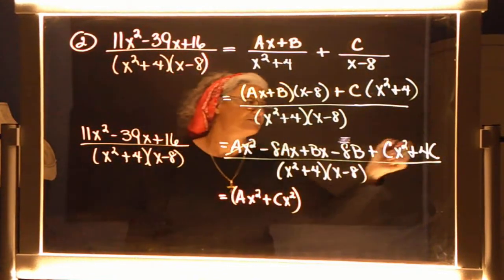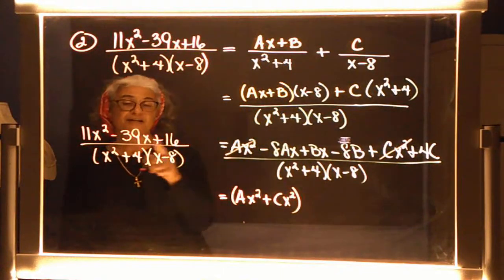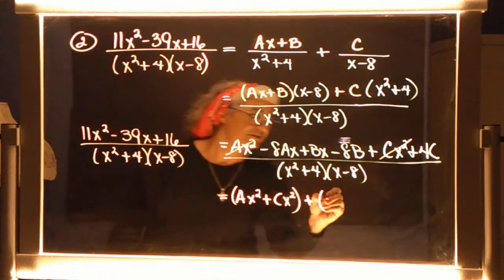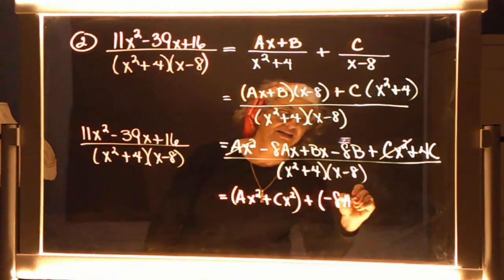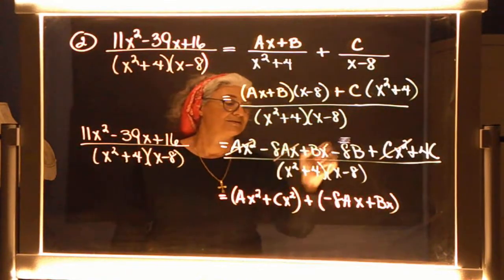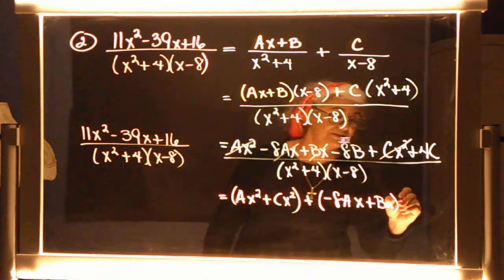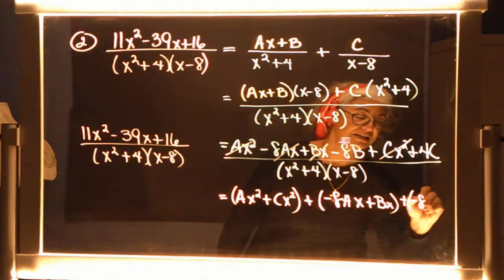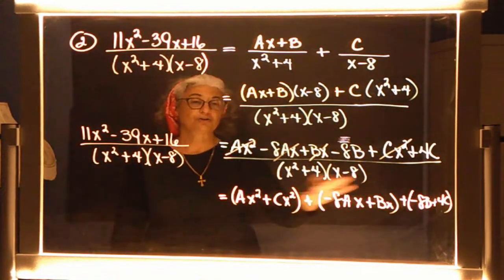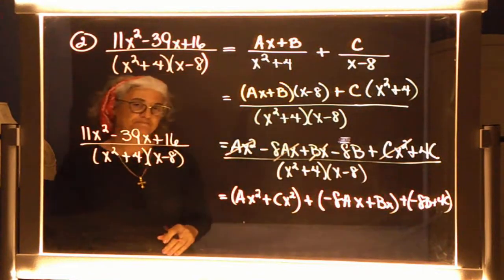So took care of these two. And then I'm going to add it based on just x, and that would be negative 8ax plus bx. And then I'm going to add it based on the constant, which is negative 8b plus 4c, all over this denominator. With me?